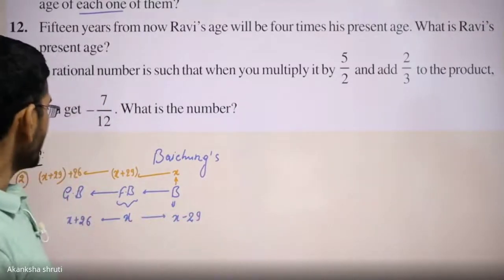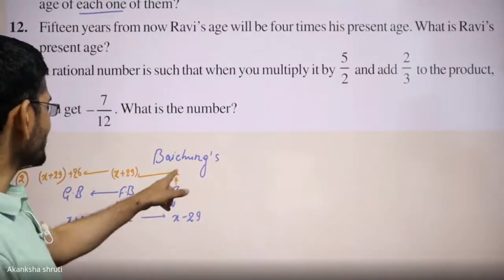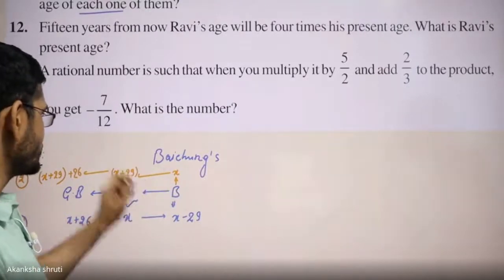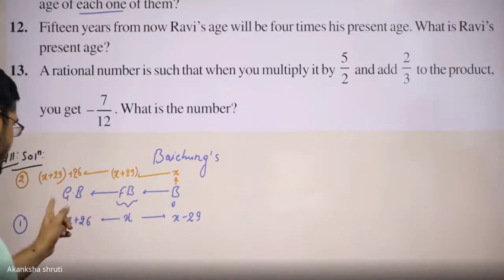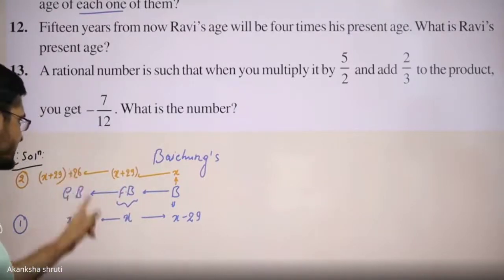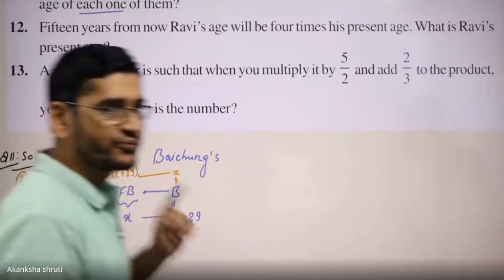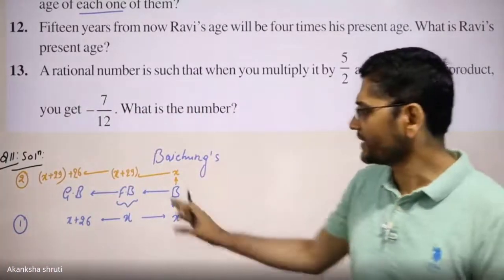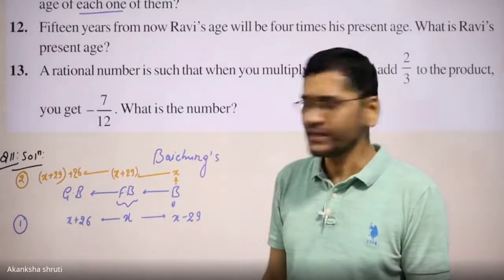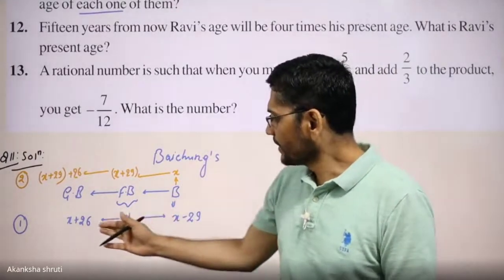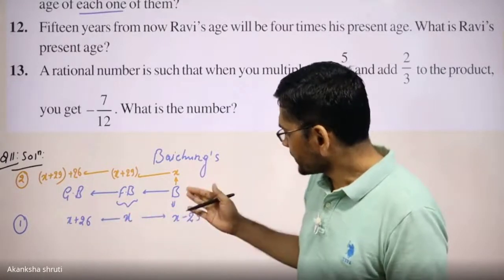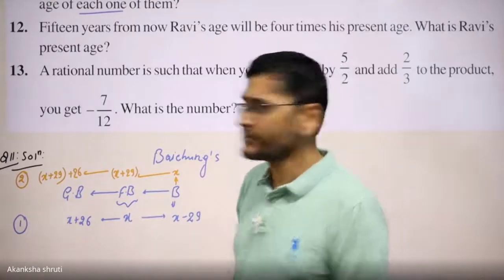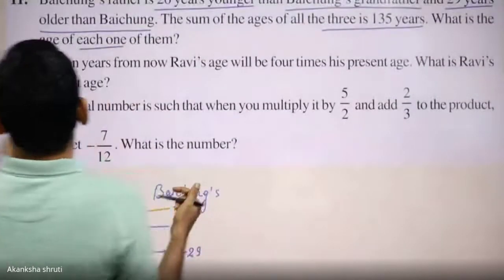Or you assume the age of Bechung's itself, then calculate the age of Bechung's father by adding 29, then Bechung's grandfather by adding 26 to the age of Bechung's father. So these are the two ways by which we can take the variable. Very easy. It depends on you whether you take this age as x or this age as x. Both are equally easy.